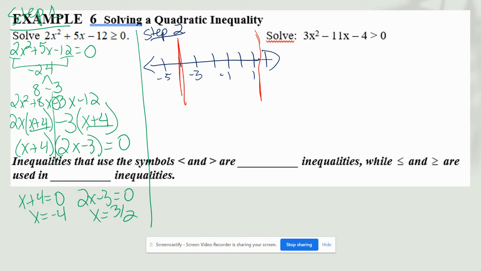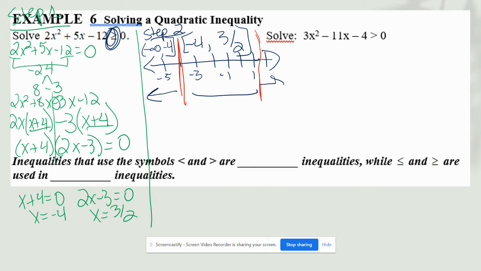Writing what those intervals look like then, we have this direction. That's -infinity to -4. This is equal to, so that 4 is getting a bracket. In the middle, -4 to positive 3/2. And again, they get brackets because of the equal to.